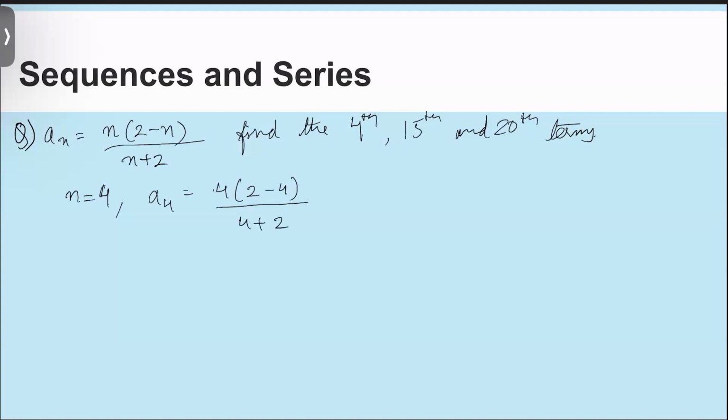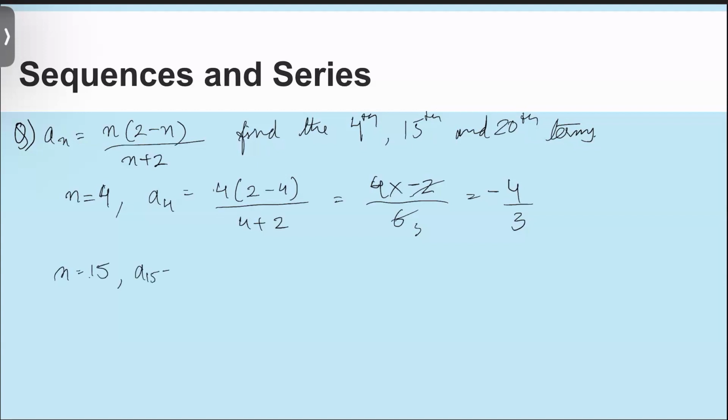Okay, so that is 4 into minus 2 upon 6. So you can easily get this as 3. So this is minus 4 by 3. Then suppose we have n is equal to 15.